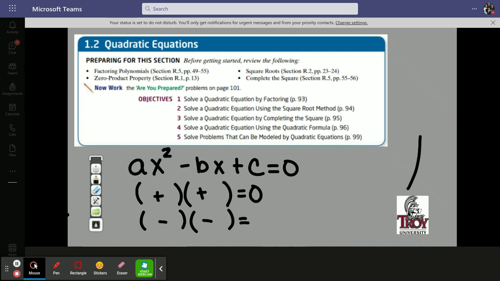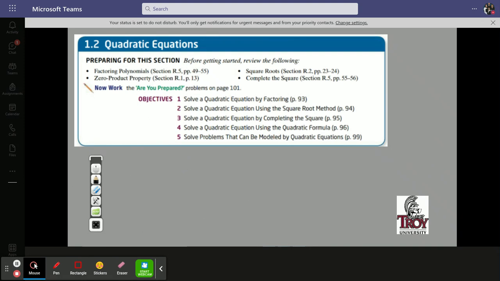Now, if I have ax squared plus or minus bx, and my c is negative, I want you to know when you get to this point, one's going to be positive and one's going to be negative. Okay?